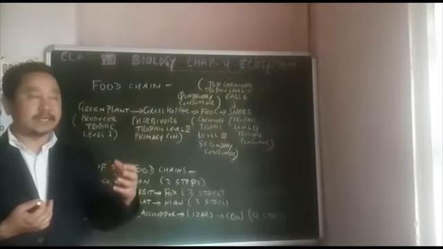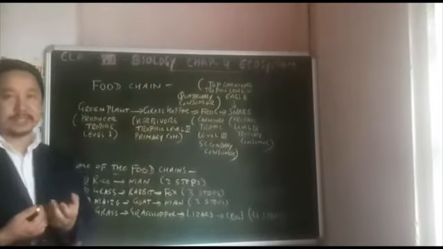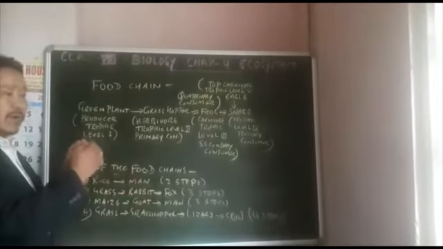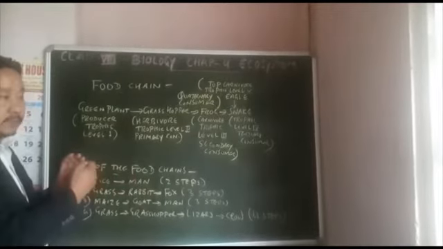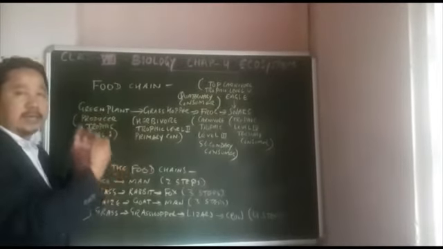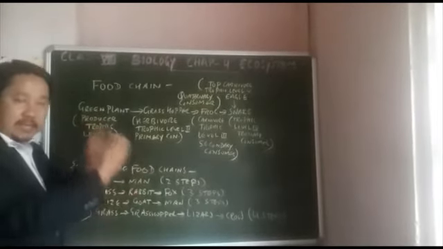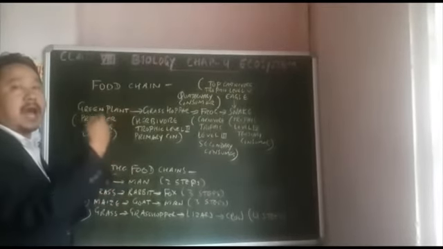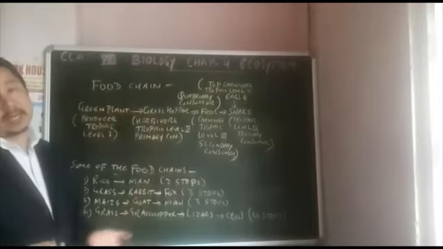In fact it is a chain of food in which one inferior organism will be eaten up by a higher organism, and that higher organism will again be eaten up by another higher or superior organism.